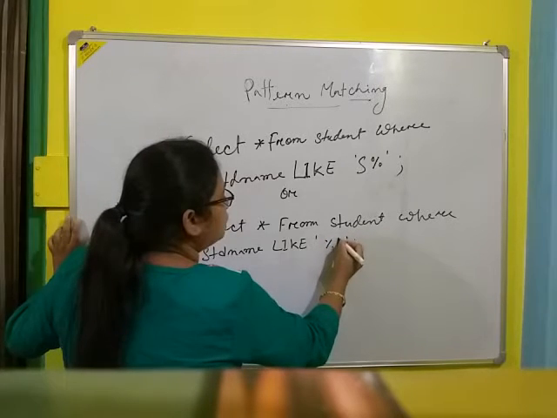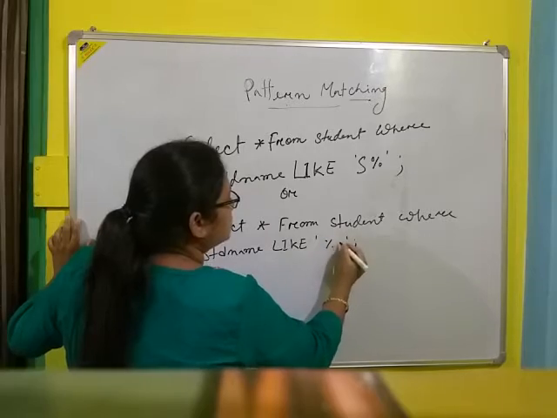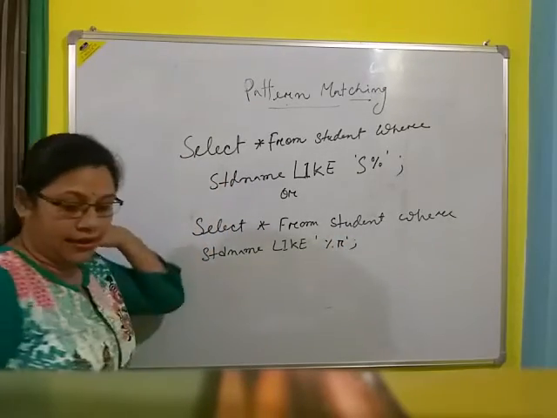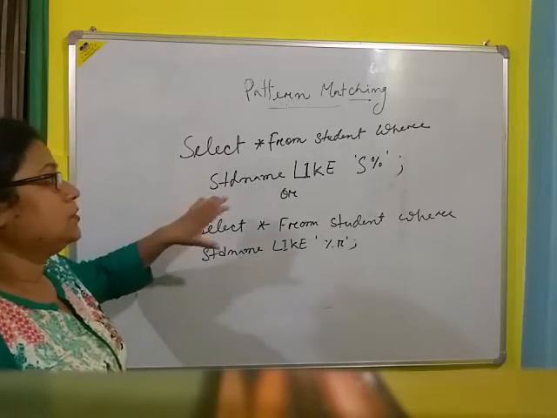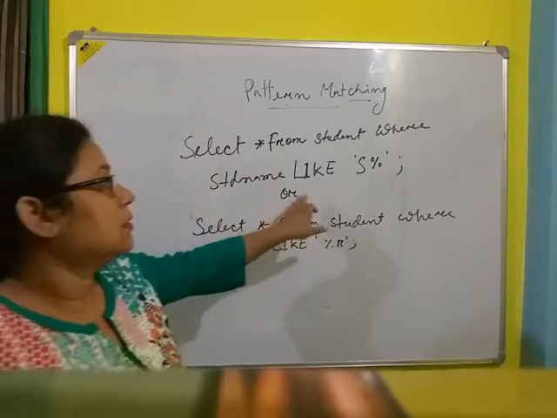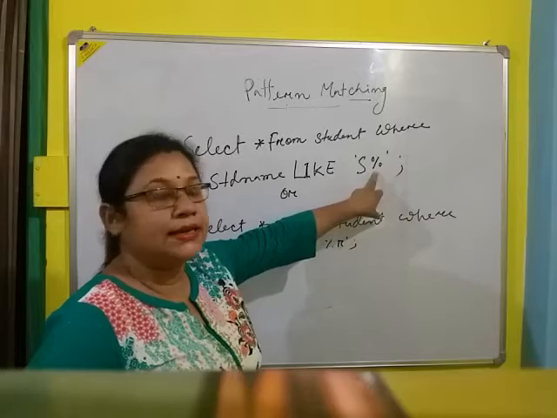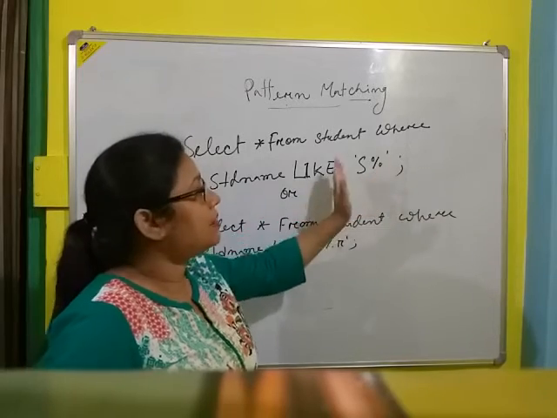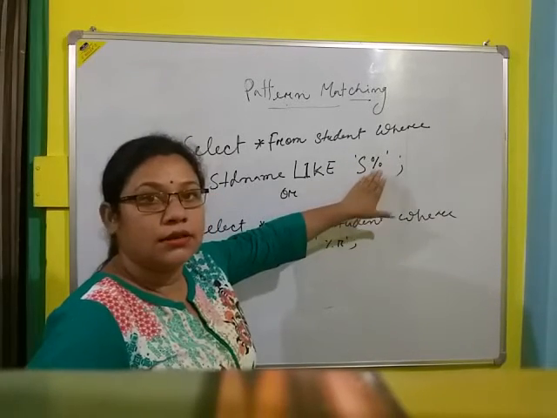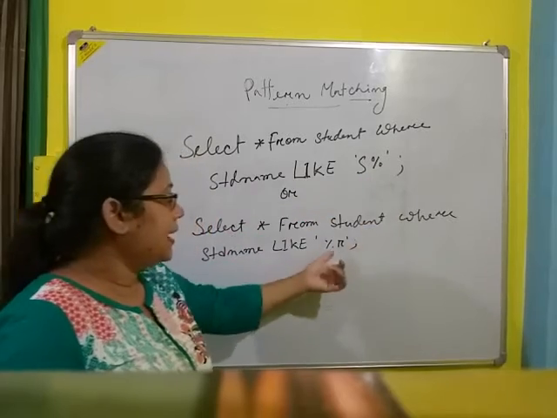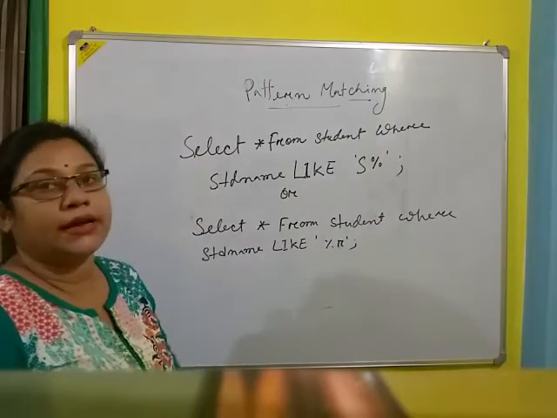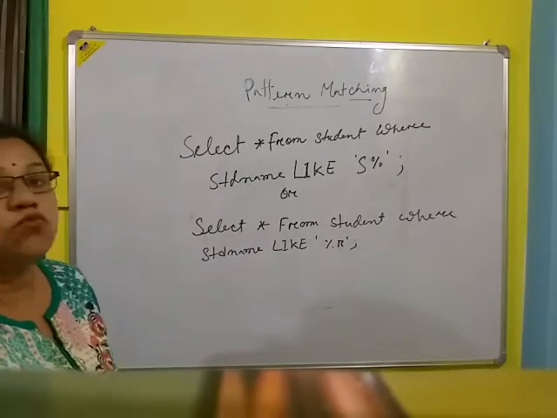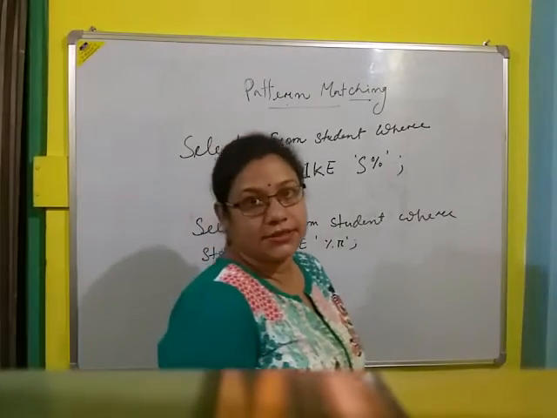I am taking the example from your book, so that's why I am using R here. So what is the difference? Here I use the percentage wildcard character after the character, and here I am using the percentage symbol before the character. Let us see what the difference is.